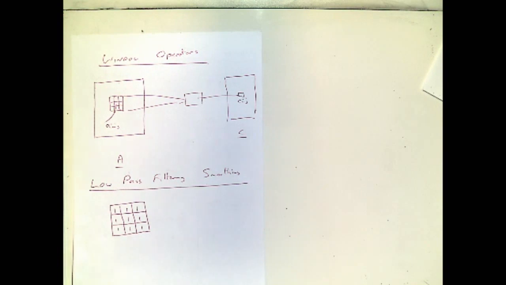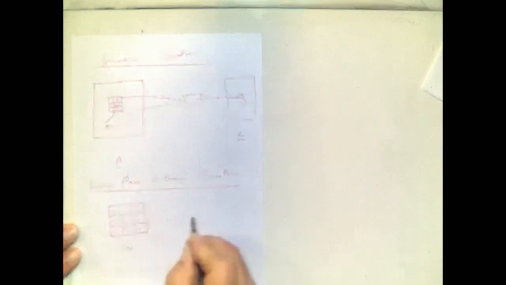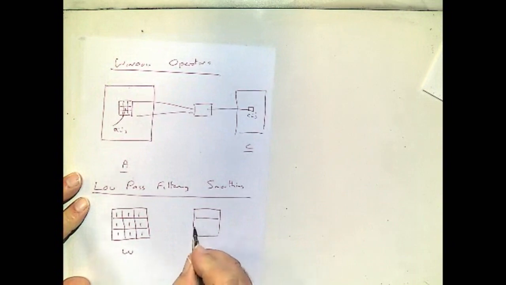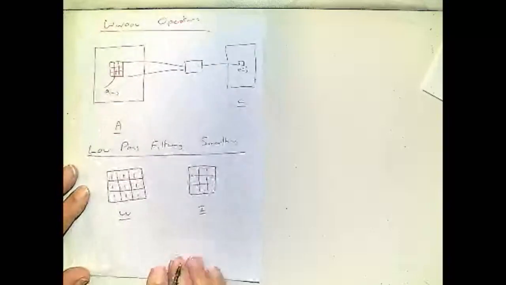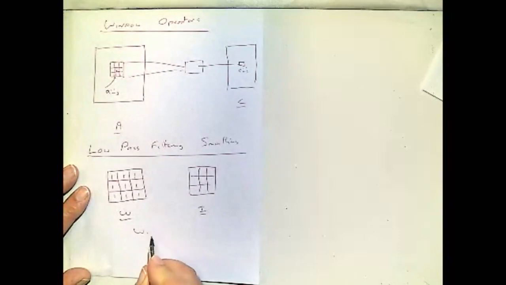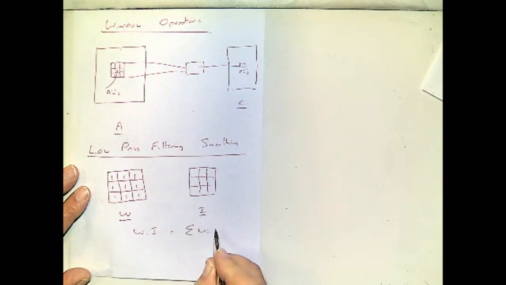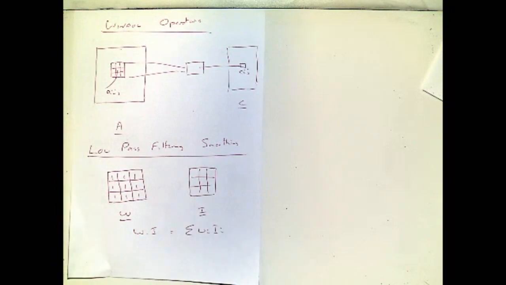And if we regard this as W and the part of the image as I, which it is operating on, if that is pattern I, the operation you are calculating is W dot I, which is the summation Wi, which is exactly the same as you're doing in a mechanical bit neuron. But instead of you having to work out the weights to do the job, I'm giving you the weights, and the weights are all 1.